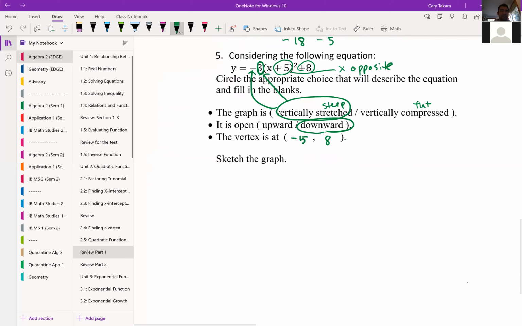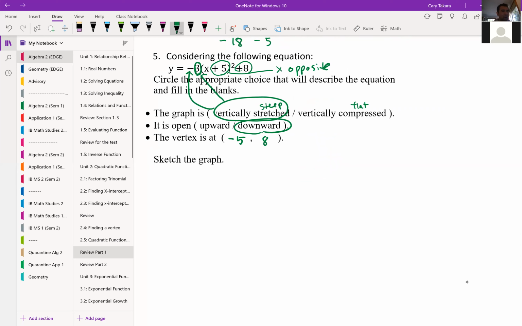Now with that, you have a fairly good idea of where the parabola is going to be. So let's sketch. First of all, you start with the vertex. So everybody do this for me. I'm going to wait for you. Locate the vertex. Where is the vertex? Make a big dot.